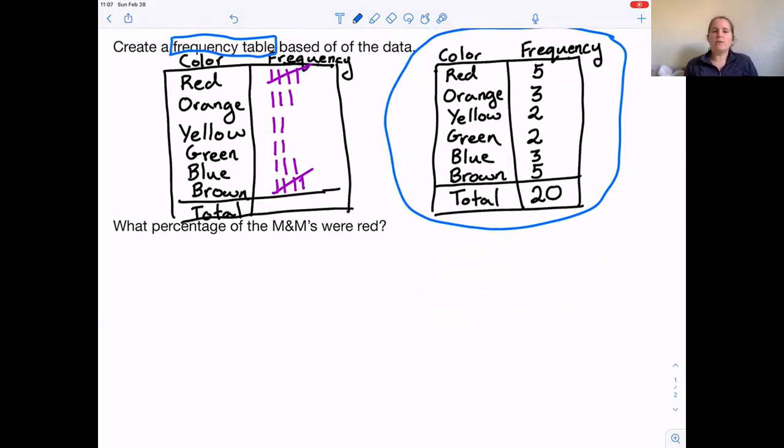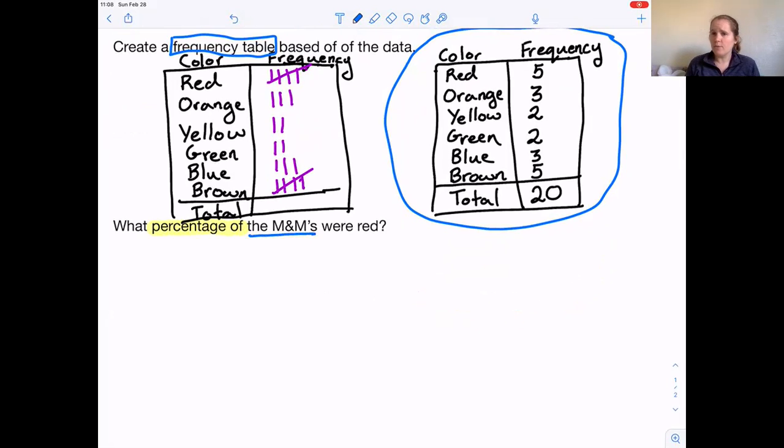I want to know what percentage of the M&Ms were red. So as we read these problems, some key things: percentage of, and then immediately following the word of, the M&Ms, this is what we are looking out of.